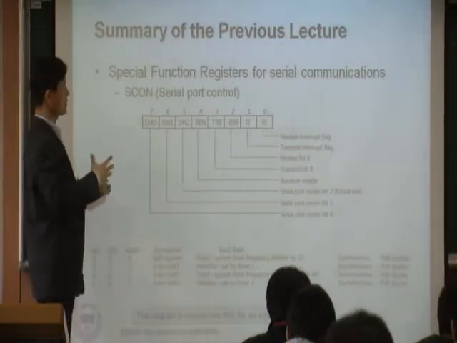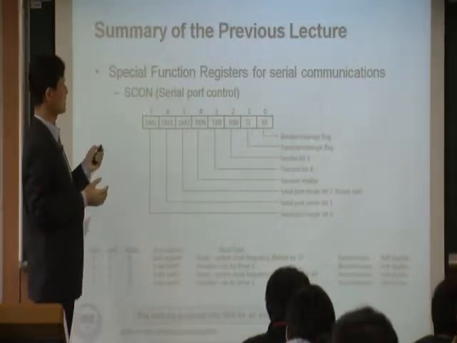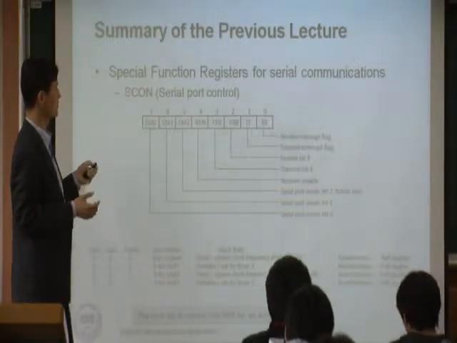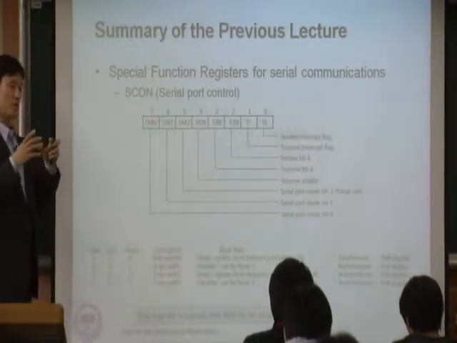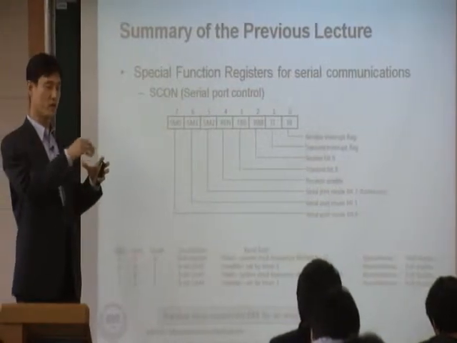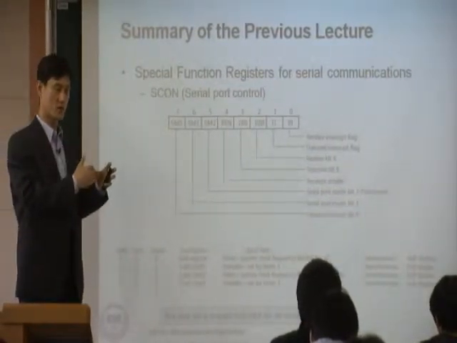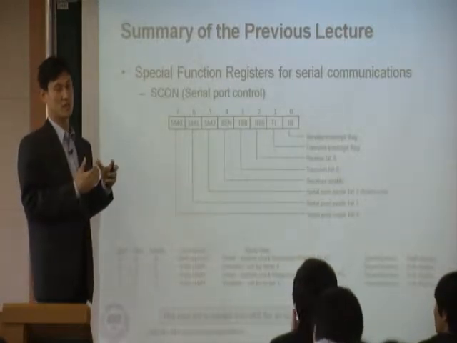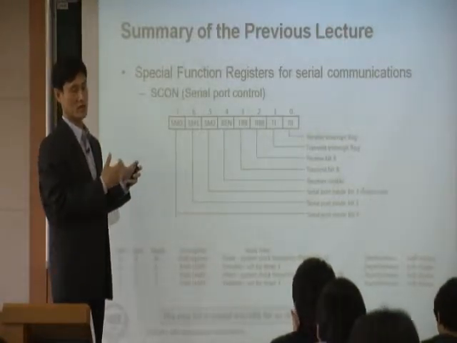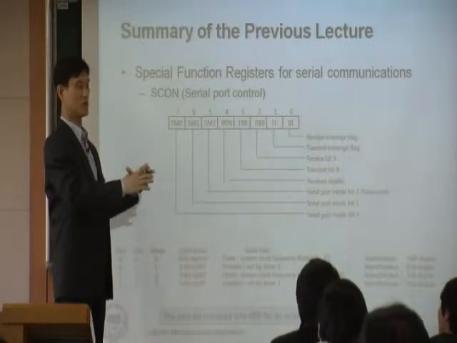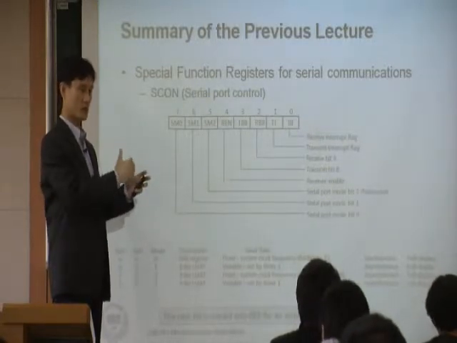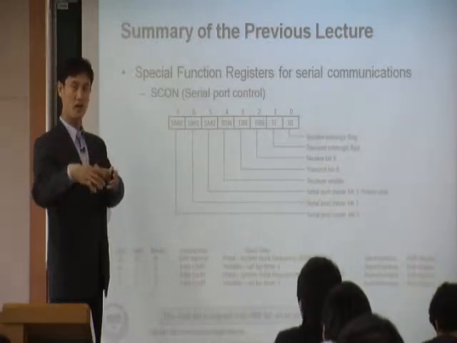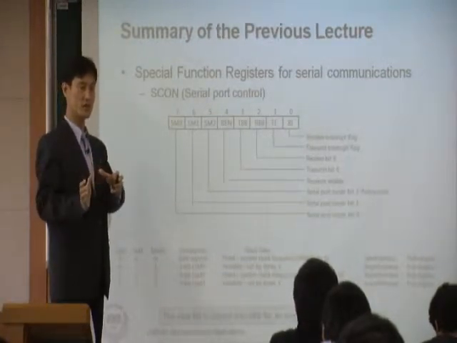In order to control the serial communications, we have a register called SCON, the Serial Port Control Register. Remember that for interrupt hardware, we have some registers, for example IE, interrupt enable, or interrupt priority. We also have timer hardware, and for timer hardware we also have other registers, right?